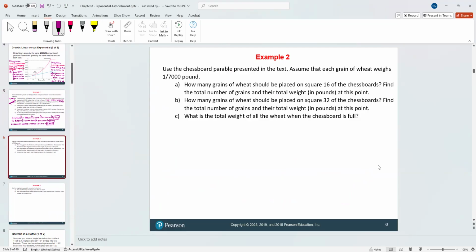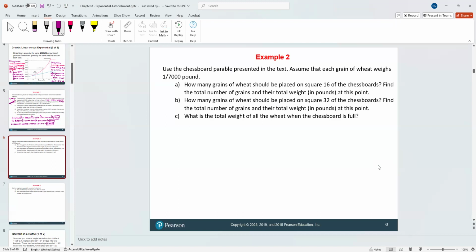So they give us some measurements already. We can use the chessboard, but before we get there, when they ask how many grains of wheat should be placed on square 16 of the chessboard, that's not just some simple work, we need to find the total number of grains and the total weight at this point.